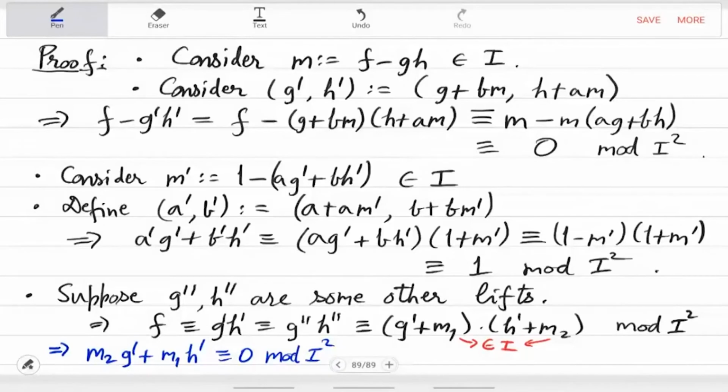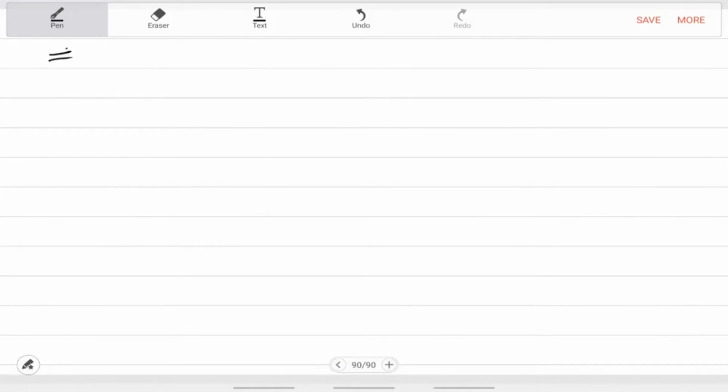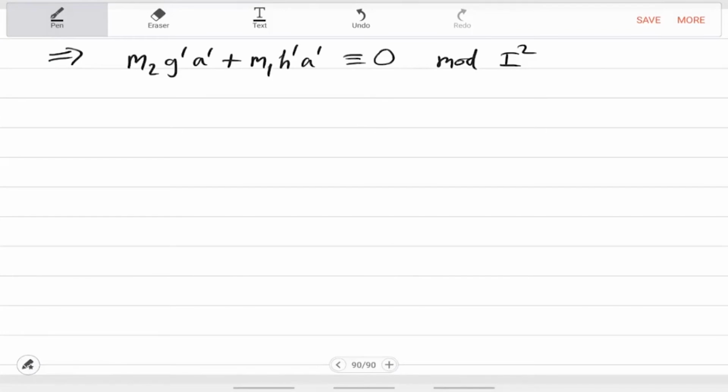So let us just multiply by a prime, and then a kind of cancellation effect will happen. So what you will get is, we had m2 g prime a prime plus m1 h prime a prime is 0 mod I square. And what is a prime g prime?